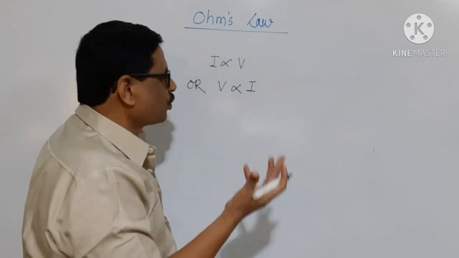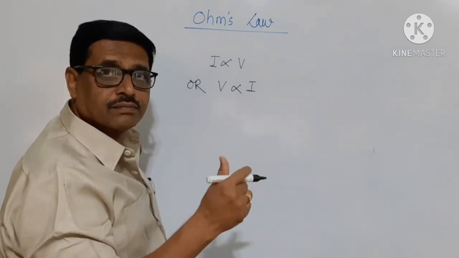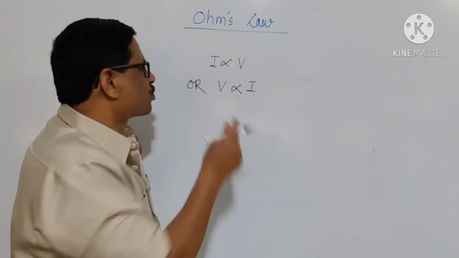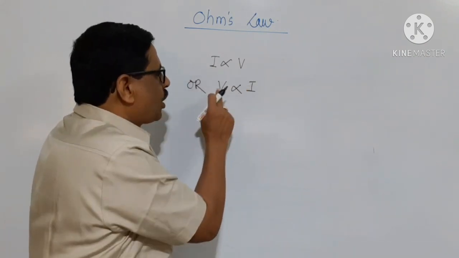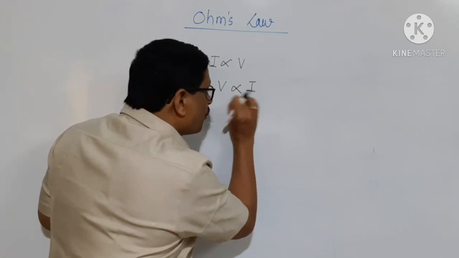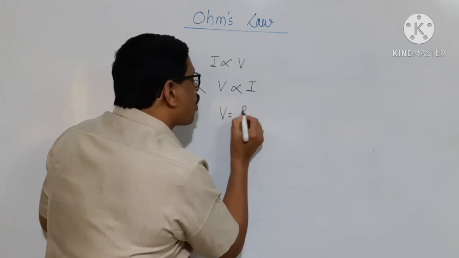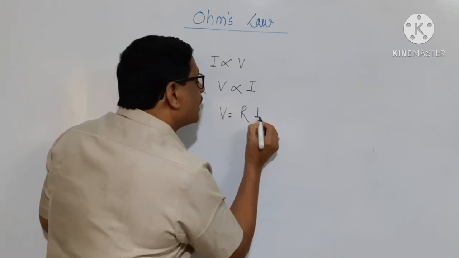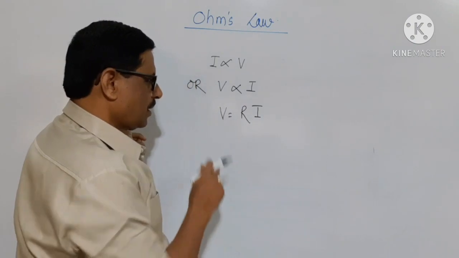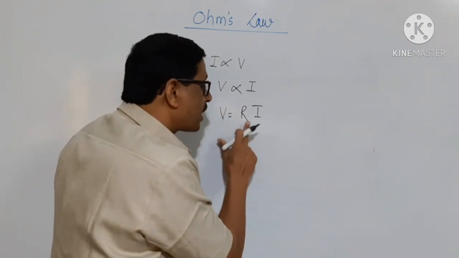The converse is true in this case, but it is not necessary every time. But in this case it is true, I is directly proportional to V or V is directly proportional to I. In order to remove this proportionality, I have to write some constant R into the current. Therefore, we have the famous relation V is equal to R into I.